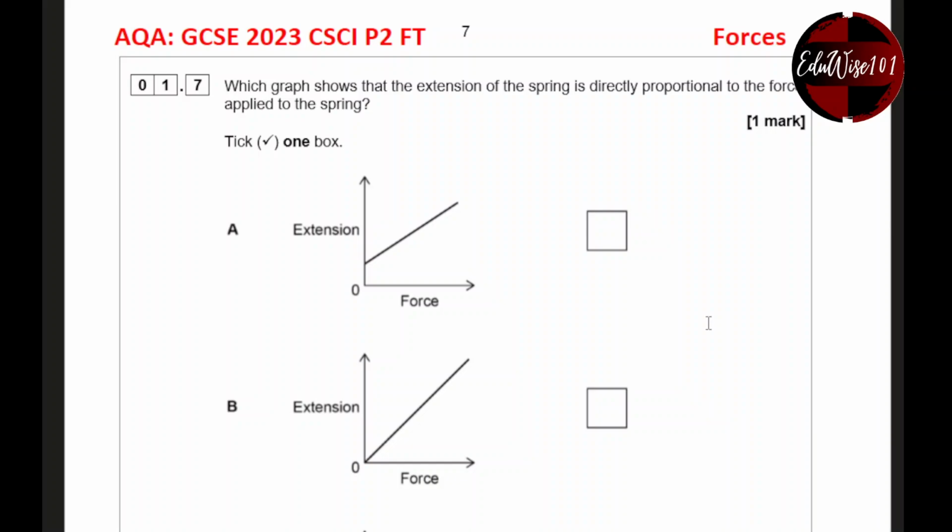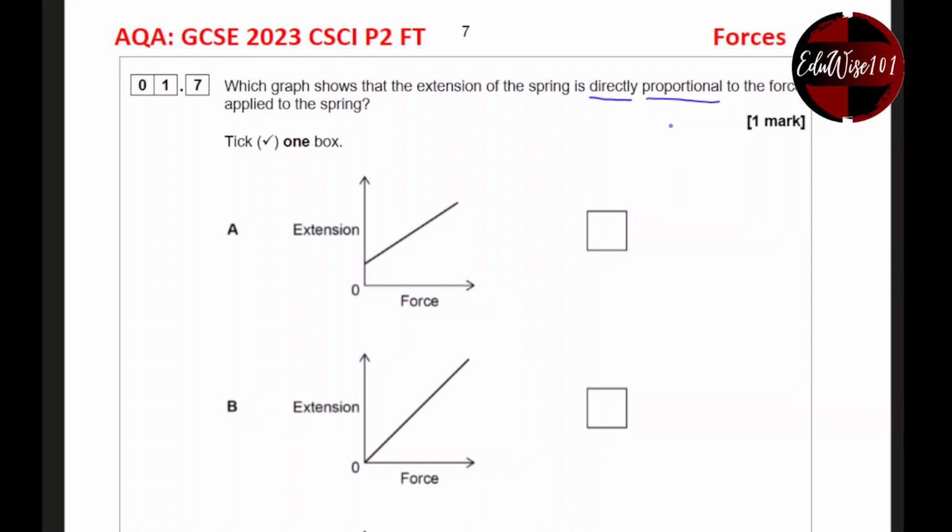Figure 1.7. Which graph shows the extension of a spring is directly proportional to the force applied to the spring? What does directly proportional mean? Directly proportional is when you double something, for example the force on the spring, the extension will also double. They are proportional, but in equal amounts.